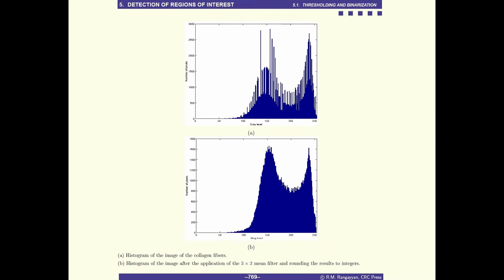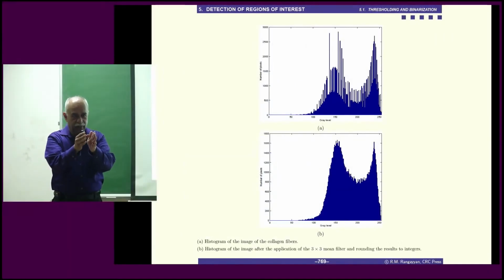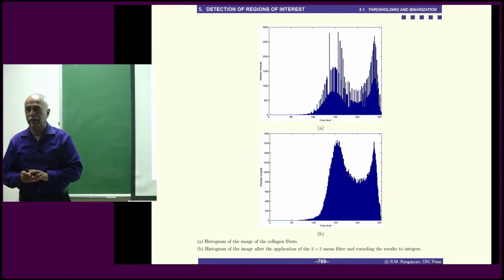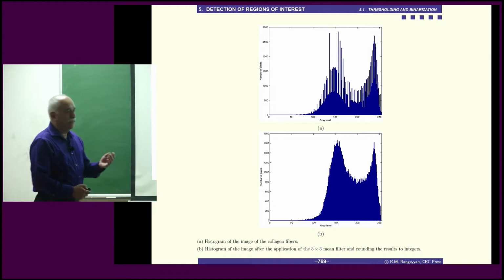In this case, the background is brighter. Note that each of these modes has a certain width. That means there is variation within the object and variation within the background. That's the variation for the object. That's the variation for the background. There is no optimal threshold here.